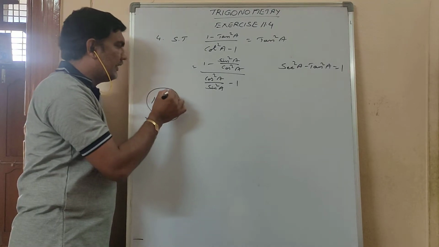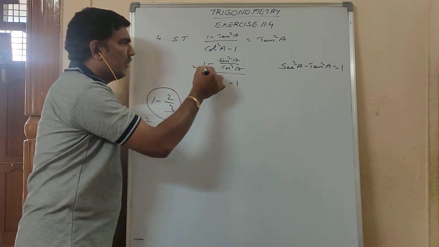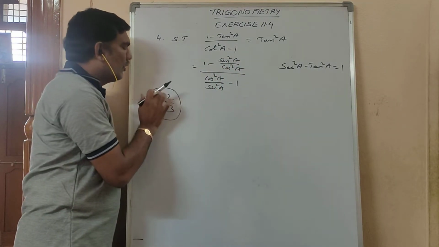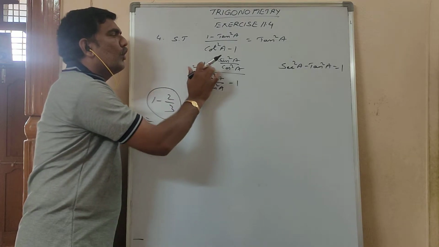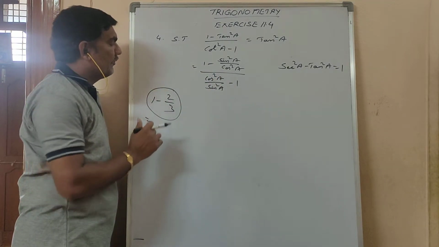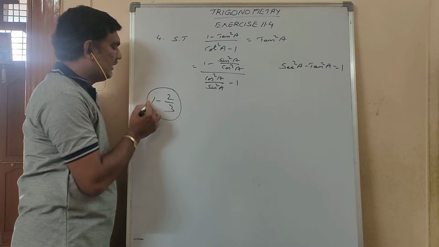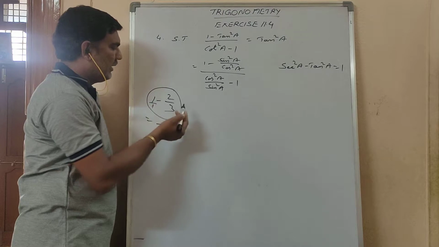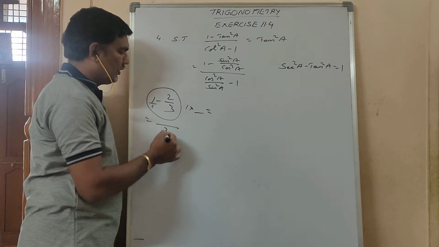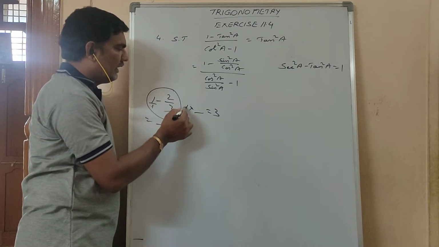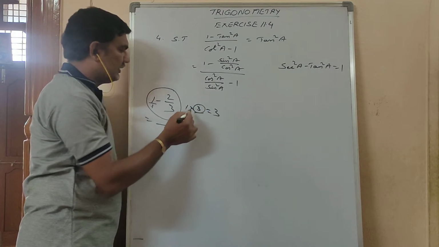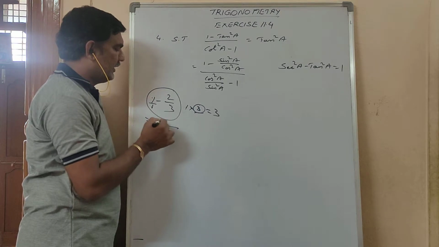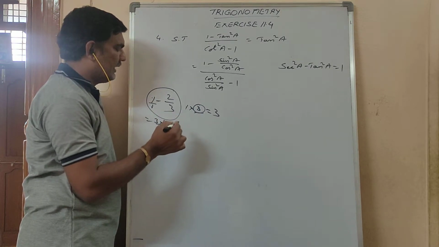If you know this simplification, this 1 minus sin square a by cos square a is easy. If you don't know this one, you won't understand this one. Better, we'll say how to solve this one. 1 means 1 by 1. LCM is 3. You have to get the LCM 3. In the 1 table, how many times will it go? 3 times. This 3 I am writing here, and its numerator is 1. 3 into 1. This symbol as it is you have to write.